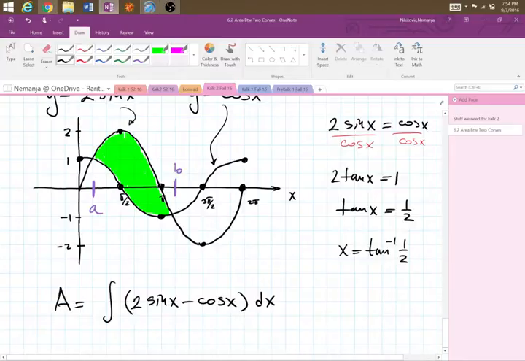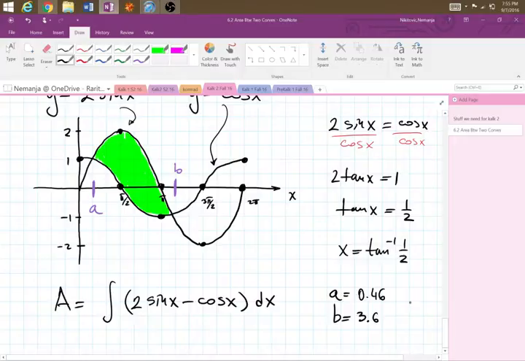So make sure your calculator is in radians. I'm getting that A is 0.46, which means that B has to be 3.6, that is, 0.46 plus pi, 3.14.